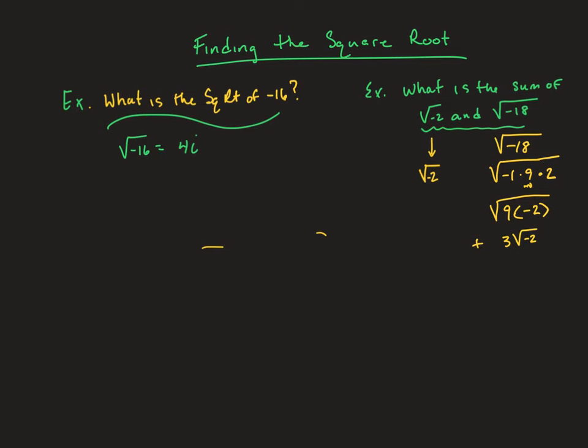So remember, we were adding this, right? We said the sum of the square root of negative 2 and the square root of negative 18. Well, I have a 1 square root of negative 2 plus a 3 square root of negative 2, which gives me a 4 square root of negative 2.